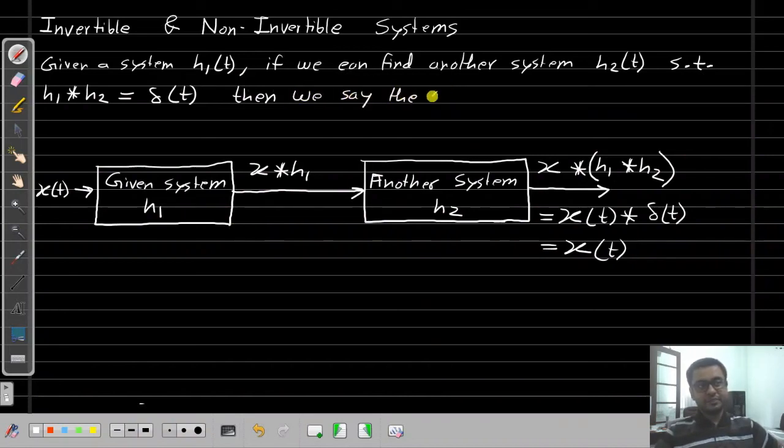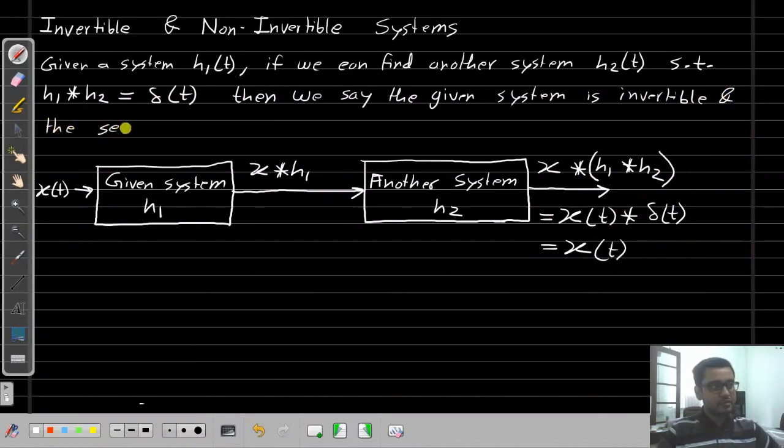So then we say the given system is invertible, and the second system is the inverse of the given system, or they are inverses of each other.